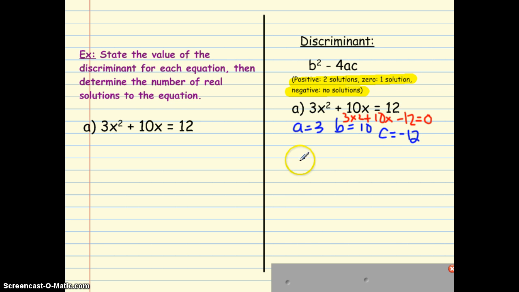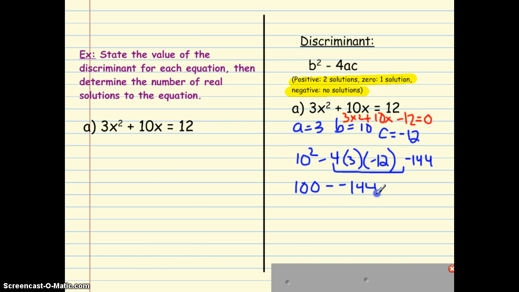Okay. So we have 10 squared minus 4 times 3 times negative 12, which is 100 minus, this whole piece here is negative 144, and minus that negative is the same thing as plus positive. So we have a discriminant value of 244.